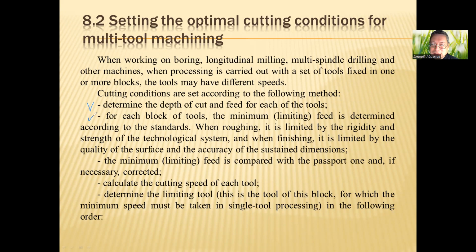And when finishing, it is limited by the quality of the surface and the accuracy of the sustained dimensions. The minimum limiting feed is compared with the passport one and, if necessary, corrected.